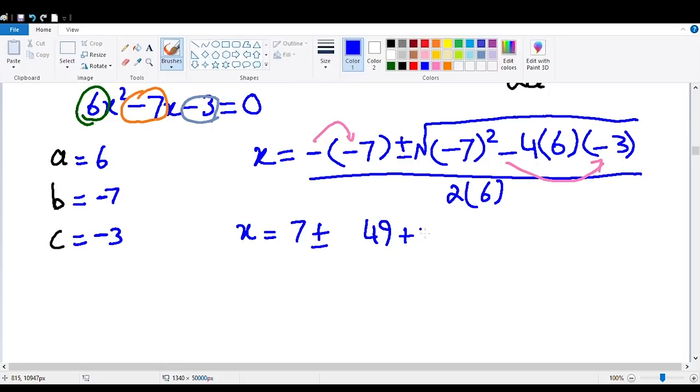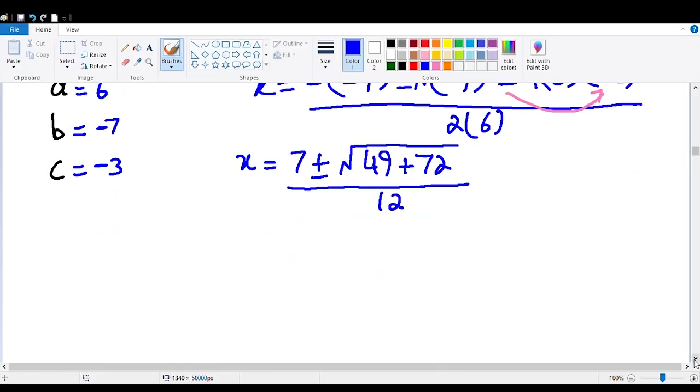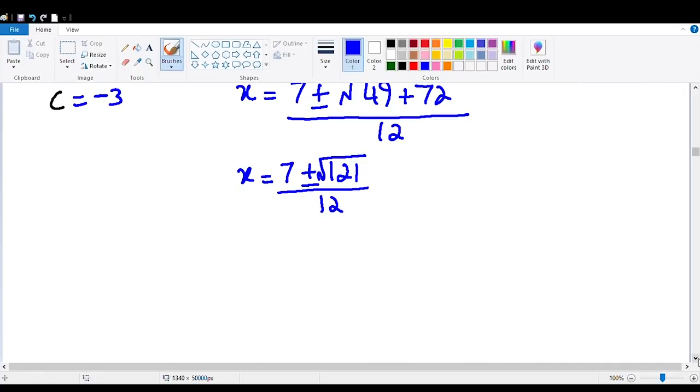It's going to be 72 under root, 2 6s are 12, as you can see. Then we'll have x equals 7 plus minus 11, and again we have the same thing in the root, of course. So x equals 7 plus minus 11 over 12.